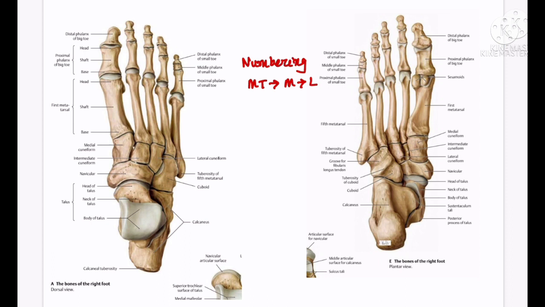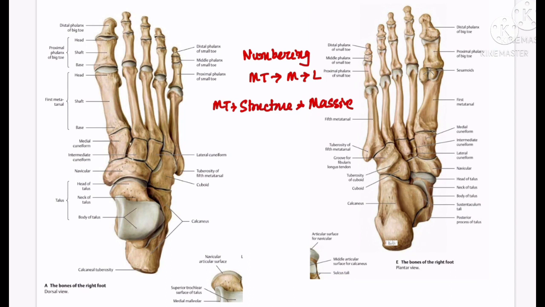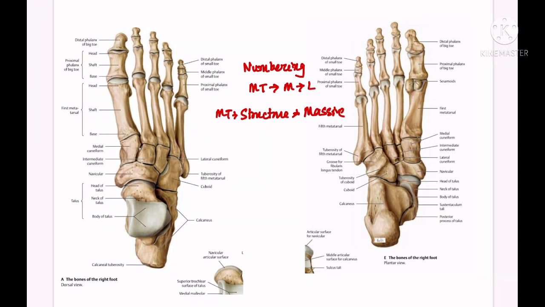Number 2, the structure of the metatarsals is more massive and strong, owing to the role in weight transmission. As they have to transfer all the weight of the body, nature has made them massive and strong, whereas metacarpals are conspicuously less massive and less strong compared to the metatarsals.